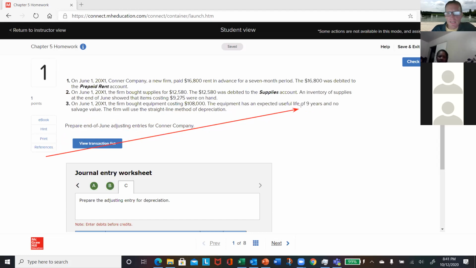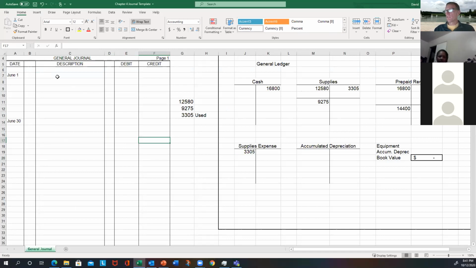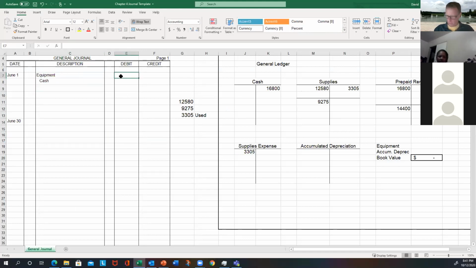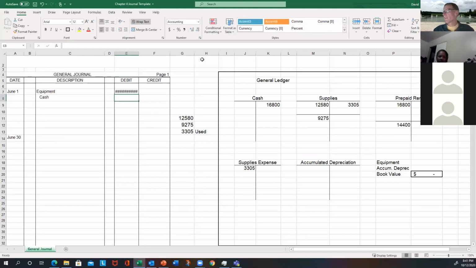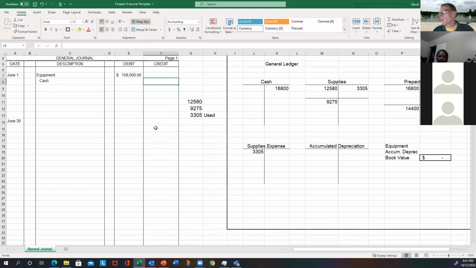Again, it's 9 years. We only want 1 month of usage, okay? So again, the equipment cost $108,000. So let's say we went back to our journal and ledger. On June 1st, you would debit equipment, credit cash for $108,000.